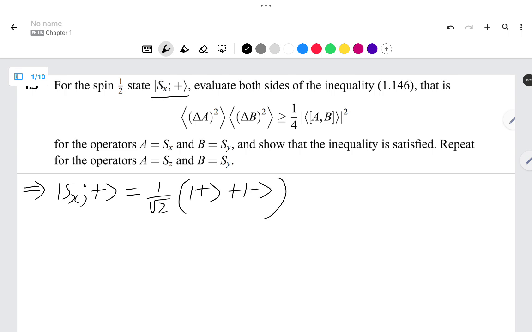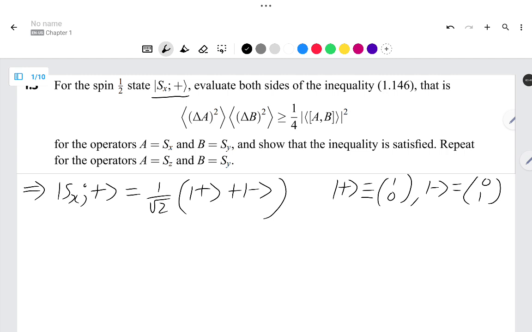As we have shown earlier, this is in terms of a column matrix. First entry is 1, and the second entry is 1. Okay, so this is the spin x eigenstate.